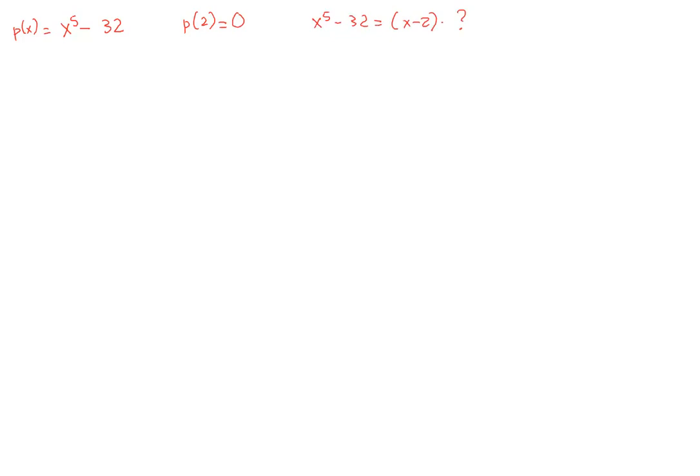Times some polynomial of the 4th degree, right? So here you will have some polynomial of the 4th degree. So I would like you to try to execute synthetic division so as to find that polynomial. Please pause the video. I'm going to give a couple of seconds so that you can have a gap. And I would like you to try to see if you can find those coefficients.